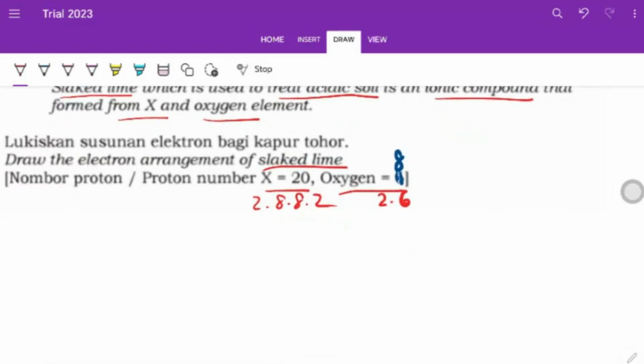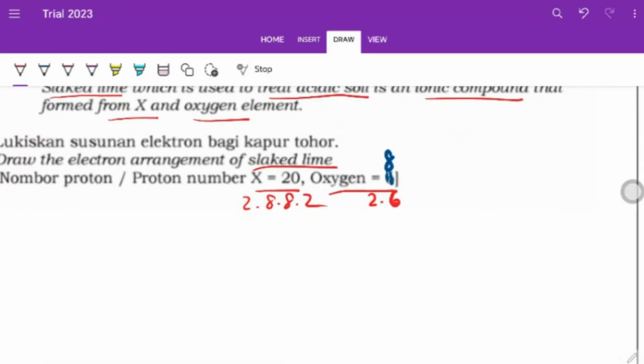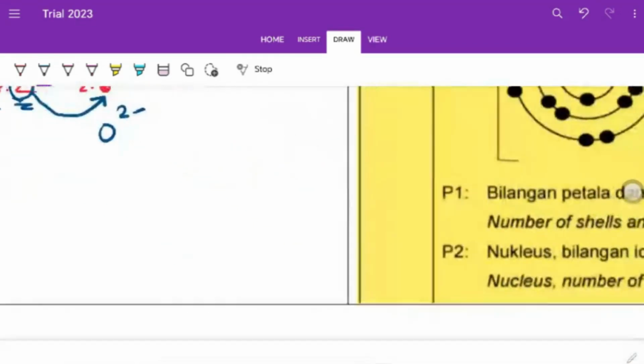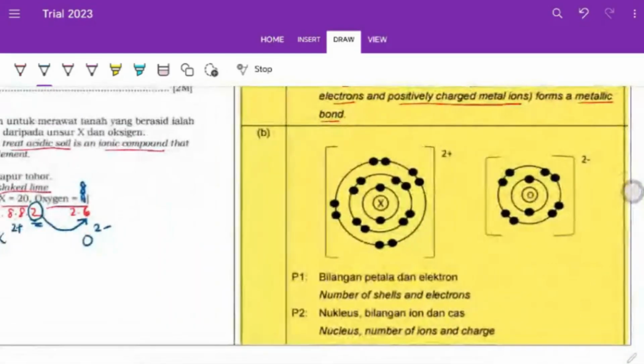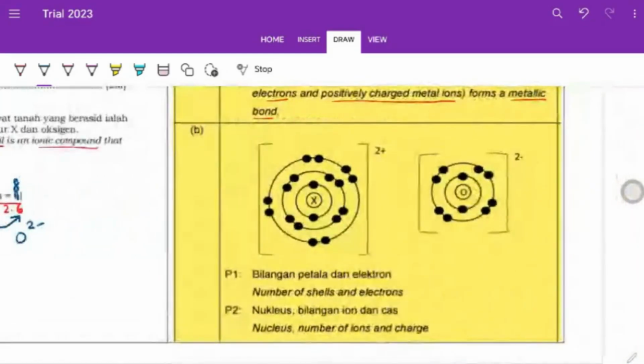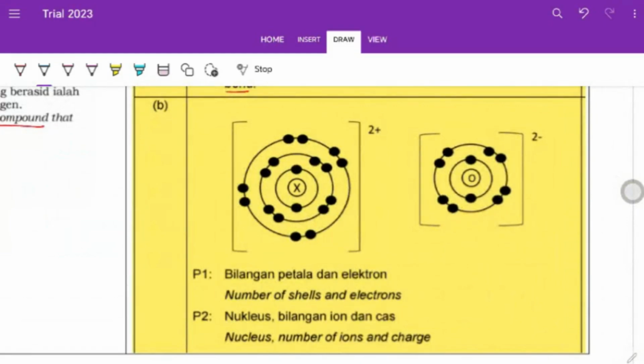So how to form? It's very simple, this one. This one is 2, right? So 2 we release, becomes X2 positive, right? Lost the 2 electrons. The 2 valence electrons are received by the oxygen atom, so becomes 2, 8. So it will be 2 positive and 2 negative. Yeah, so it'll be like this. So at the end, this one is 2, 8, 8.